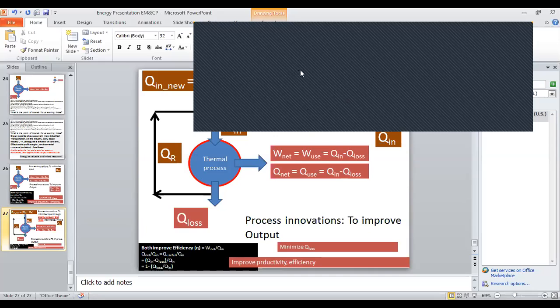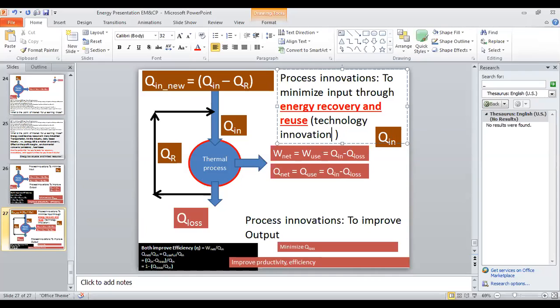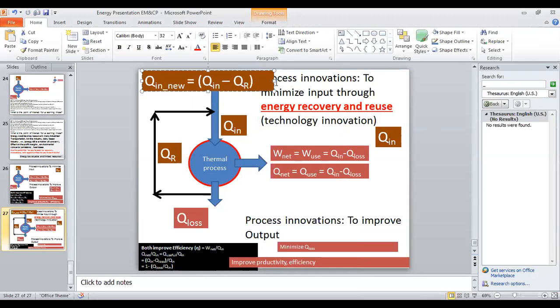So these are points for you to explore when you are really in the field.